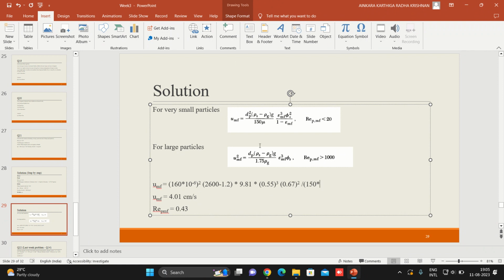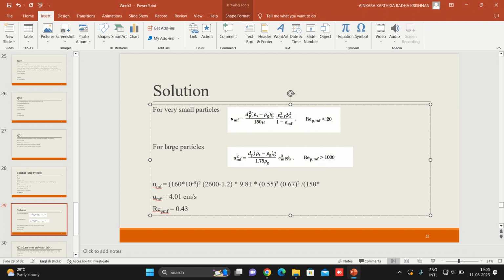Actually, are you people able to find from where this formula is taken? This is just Ergun's equation put together. We all know the laminar condition and the turbulent regime, right? So we are considering the smaller particles to be in the laminar regime and the larger particles in the turbulent regime and doing the calculation.